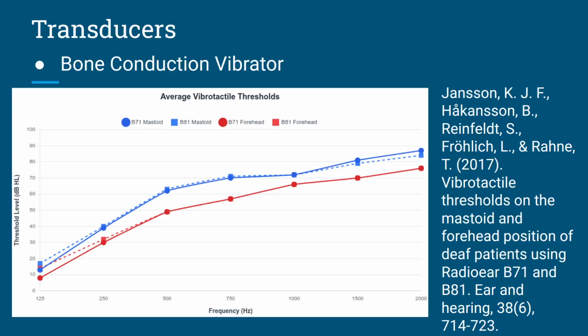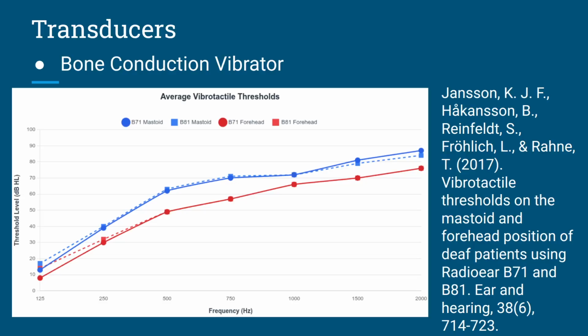They also wanted to find out the difference between forehead placement and mastoid placement for the transducers. I know we've mainly talked about mastoid placement, but it is becoming increasingly common to test bone conduction on the forehead instead of the mastoid.